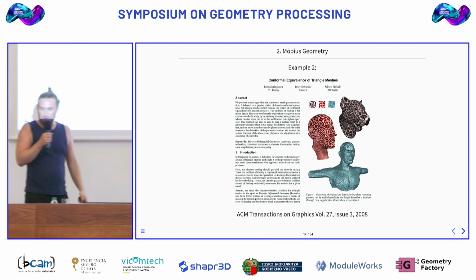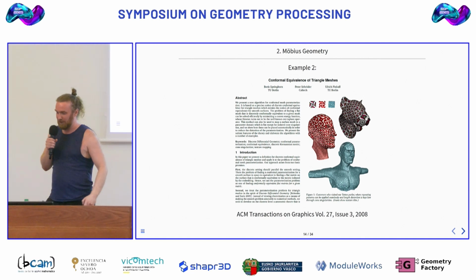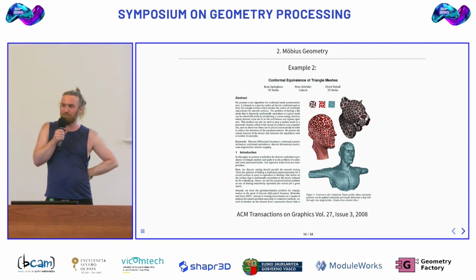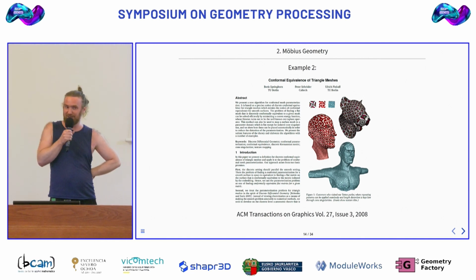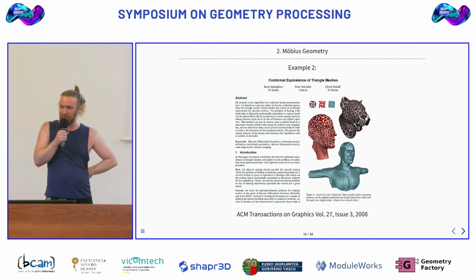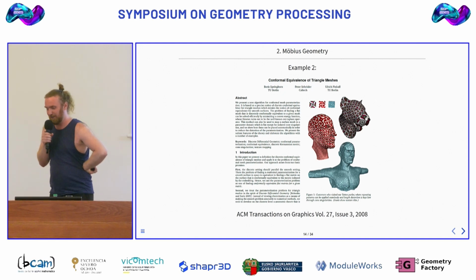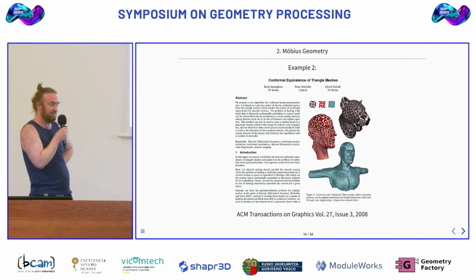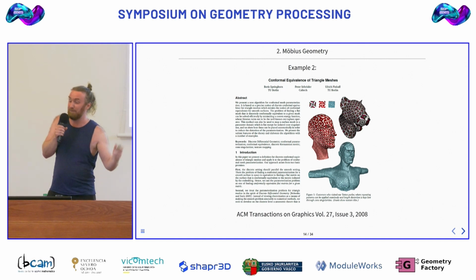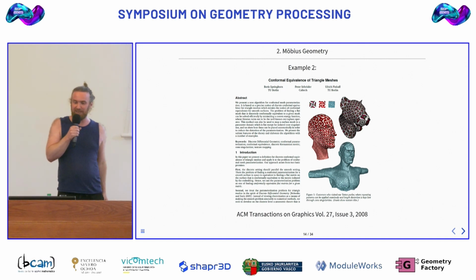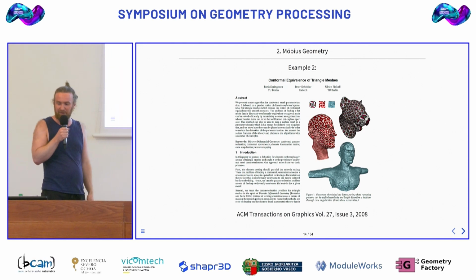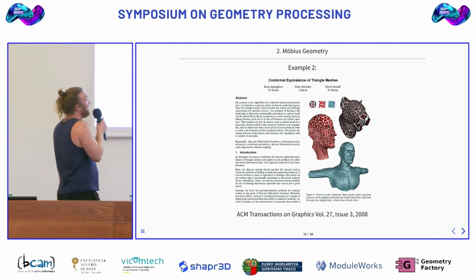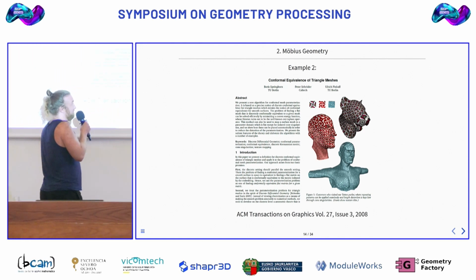Then there's another example before someone kills me. Of course, there's a long history of papers working on this, started by Alexandrov maybe somewhere in pure math, and then there are lots of papers from all sorts of people. I picked one which I like and it's nice, called conformal equivalence of triangle meshes. What is the idea? Well, I have a mesh.